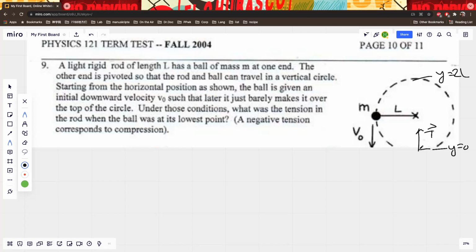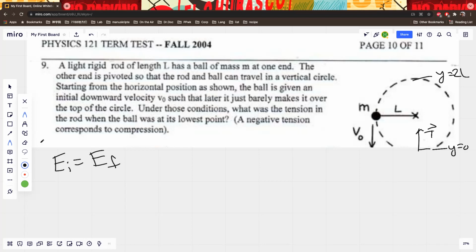So let's do initial equal to final energy. And then for the initial, it would be mass times gravity times height. And so at that point, the height is just L. You want to do energy initial equals energy final? Yes.